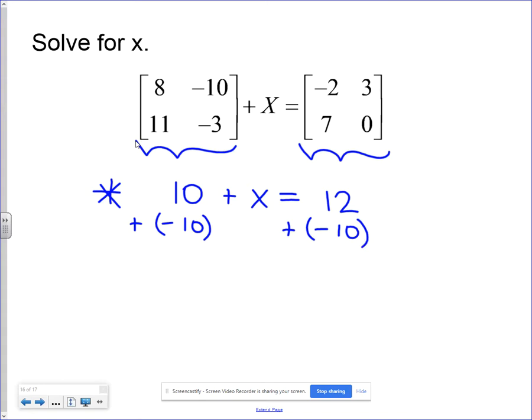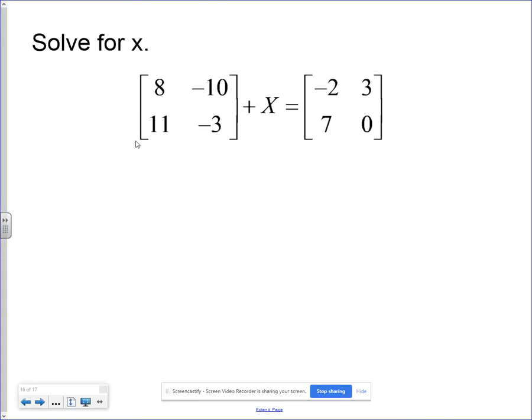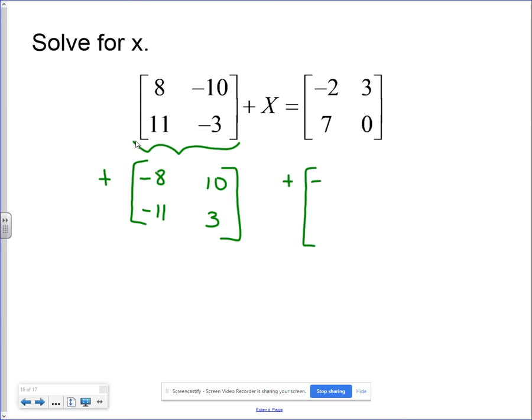So that's what we're going to do with this matrix equation. We're going to add the additive inverse of this matrix here. All we do is change each element to its opposite, and then we add that to both sides of the equation to keep it balanced.